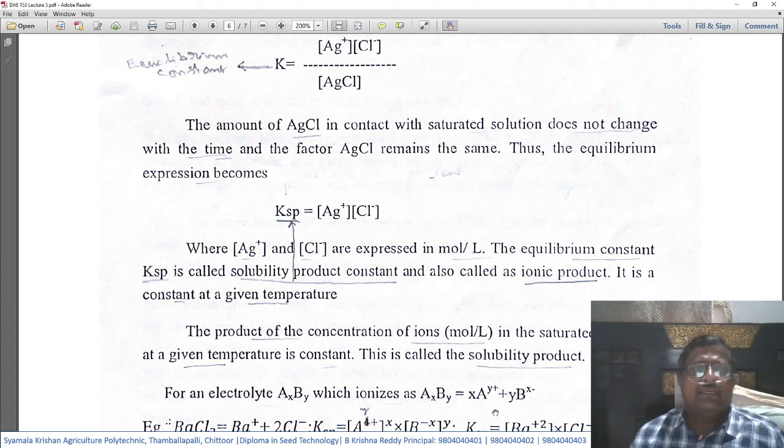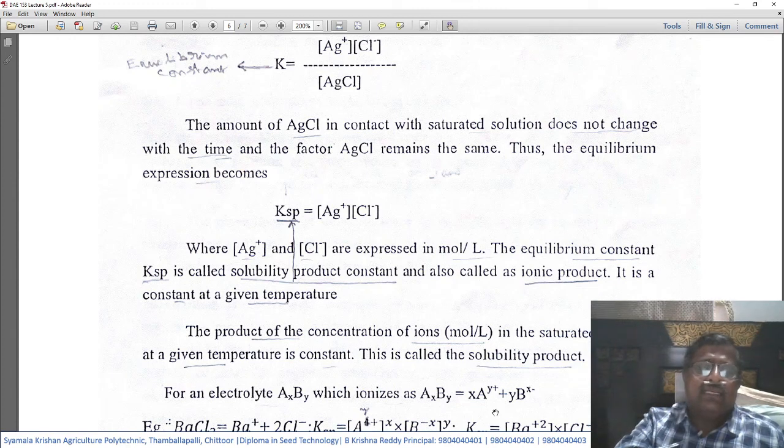That means this amount of silver chloride in contact with the saturated solution does not change with time and the factor [AgCl] remains the same. So this equilibrium can be rewritten as under.